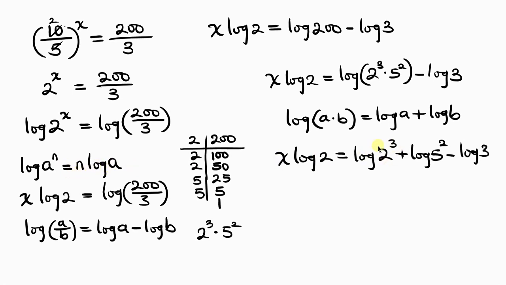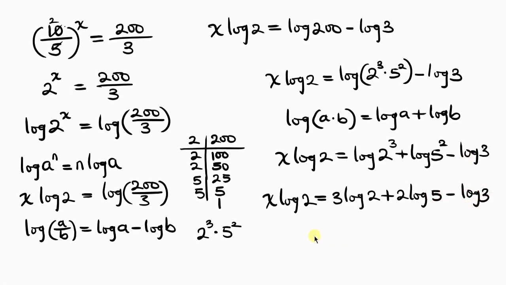We do that here and here. So this expression now simplifies into x log 2 is equal to, from this law of logarithm, we have this to be 3 log 2 plus, we have this to be 2 log 5 minus log 3.